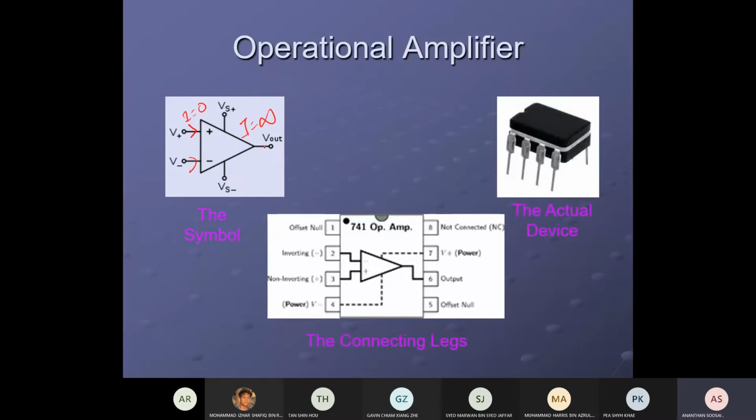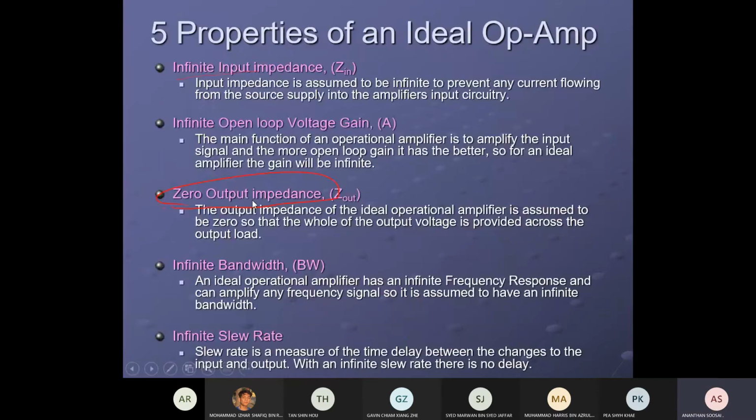From no input current, you get infinite output current. This is called an ideal operational amplifier. Why zero input current? Because the impedance is infinite. Why infinite output current? Because of zero impedance at the output. Impedance is like resistance. So: infinite input impedance, zero output impedance.